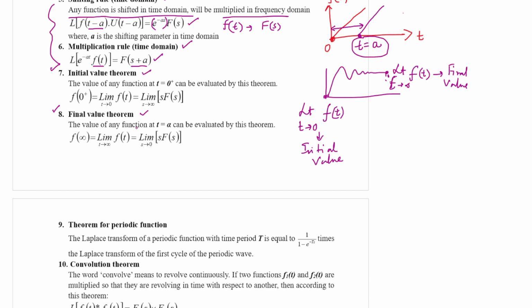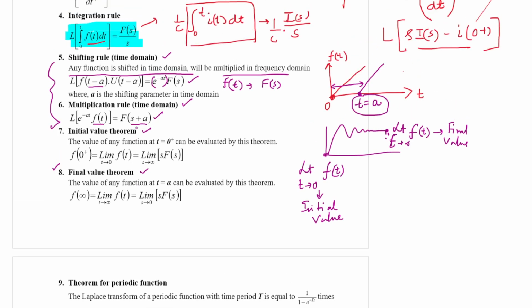If we apply the Laplace transform, then the relation is quite straightforward. If we want to evaluate the initial value of the function, you first have to multiply s into F(s), then you put s equal to infinity.